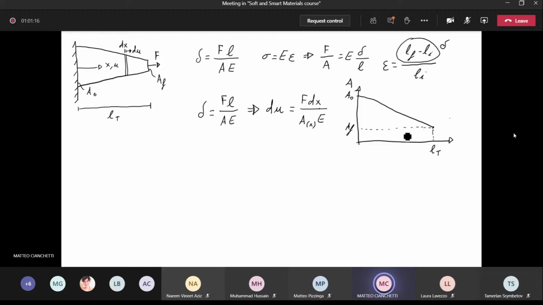So it's just another way to represent the area with respect to x. Looking at this, we can also write the dependency of A with respect to x this way: A(x) equal to A0 minus (A0 minus AF) multiplied by x on LT.